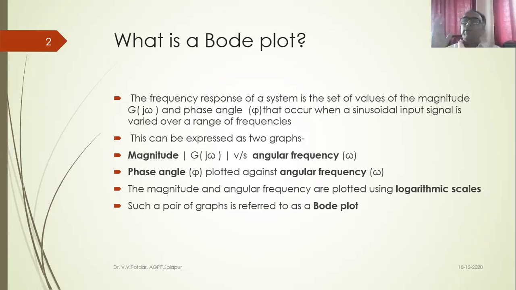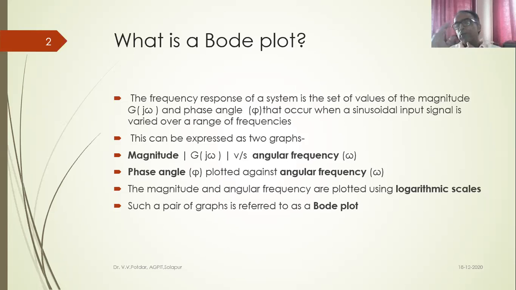Now when I take the mod or magnitude of that G of S, what does it become? How do you find the magnitude? Magnitude is the square root of the square of the real part plus the square of the imaginary part. Now in this input 1 plus j omega, j is a complex number, so 1 is the real part and omega is the imaginary part.